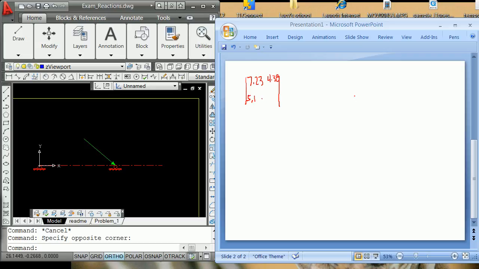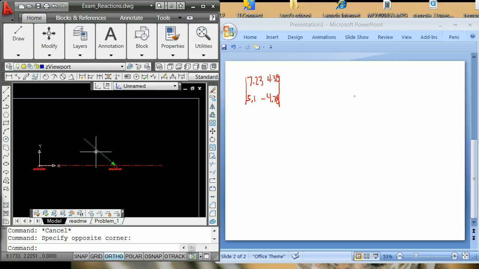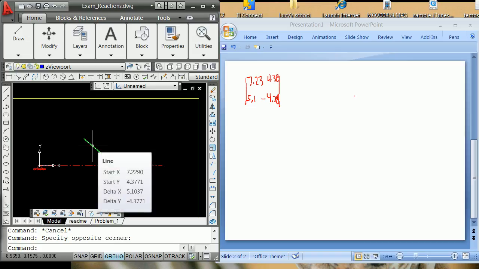Now these numbers here are not related, this number and this number, but let's double check them one more time: 7.23, 4.38, 5.1, minus 4.38.